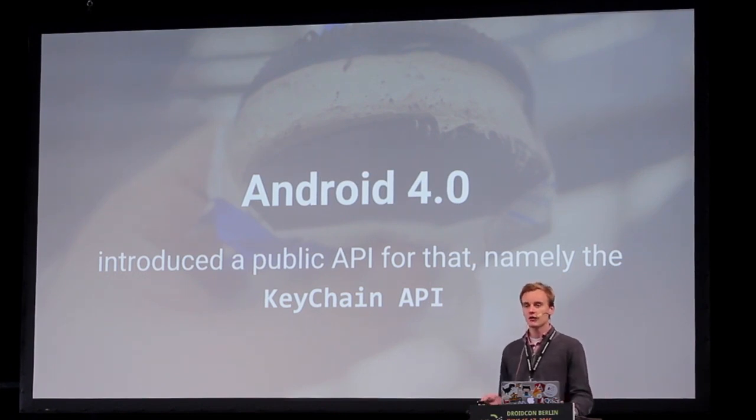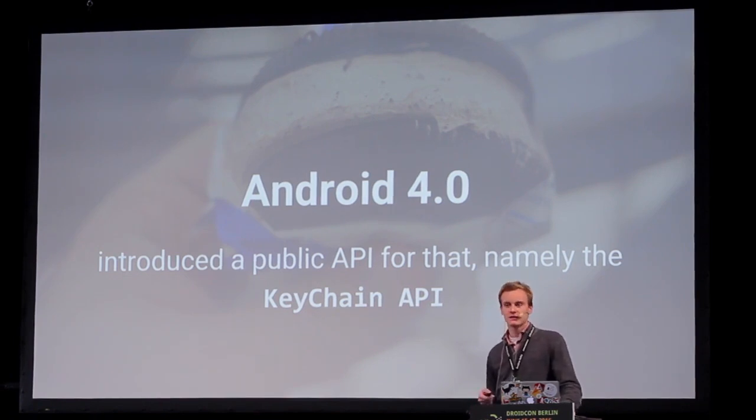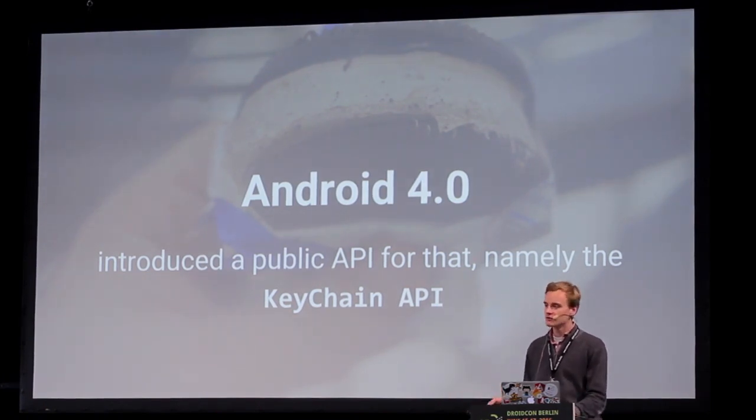Unfortunately, all these keys were system-wide shared. So if you wanted an application which only used an app-private key, only for your private server, and you didn't want another company or another app to use this certificate, this wasn't possible.